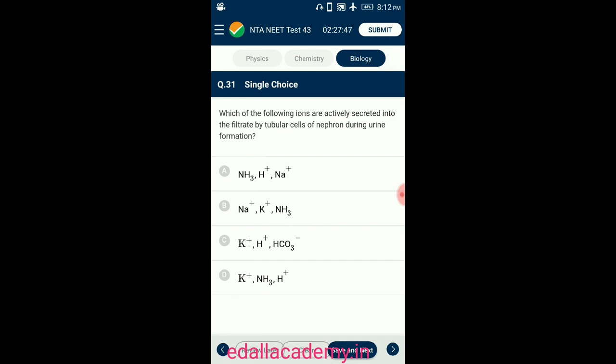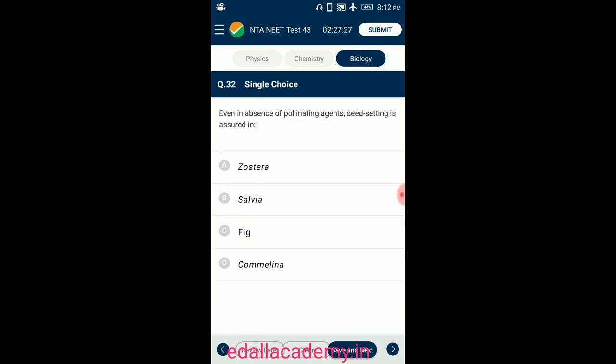The secretion of harmful and nitrogenous waste such as K+, H+, NH3, etc. from blood to filtrate takes place by tubular cells of nephron. So the answer for this question is option D, K+, NH3, and H+. Question number 32. Even in absence of pollinating agent, seed setting is assured in.